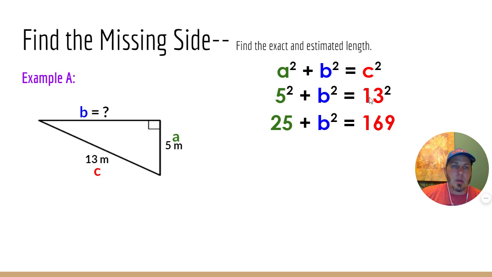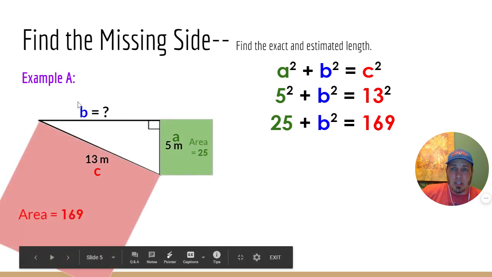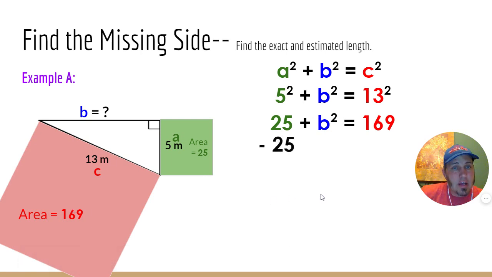I'm fine with that. 13 squared, I can simplify that. Get your calculator. 13 times 13, or use the button on the calculator, 13 squared. It's 169. Now this problem says 25 plus some number squared equals 169. So that means 25 plus something equals 169. So in order to figure that out, I would subtract 25 from both sides.